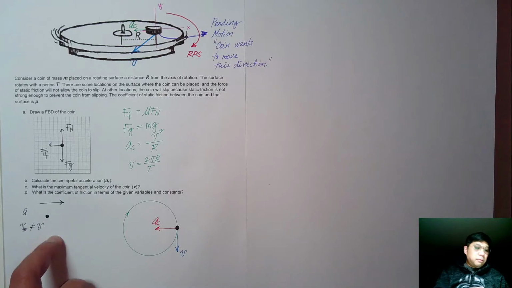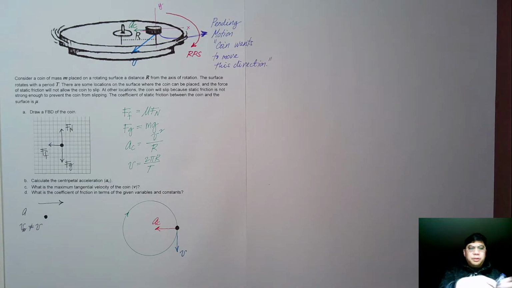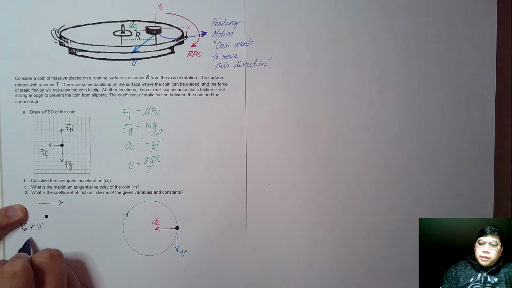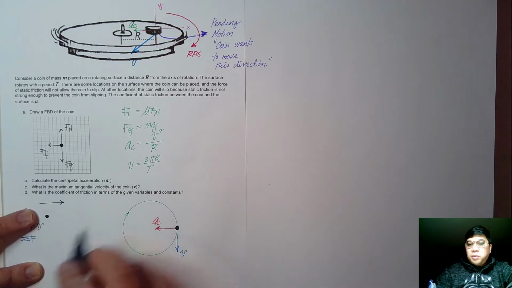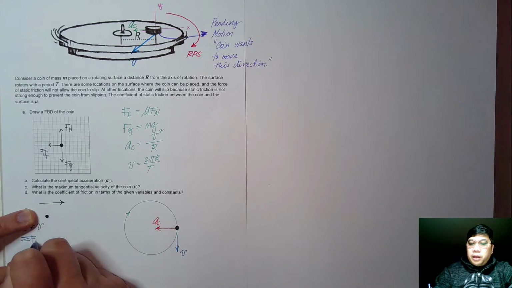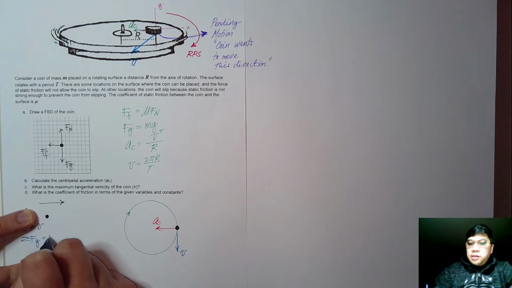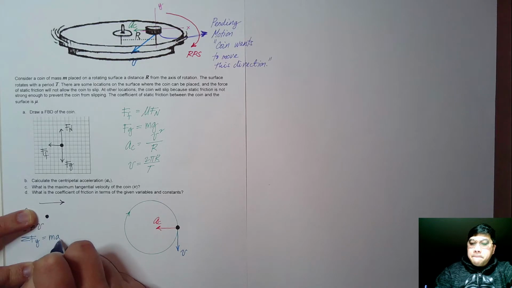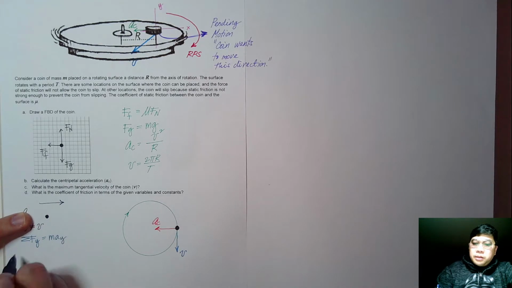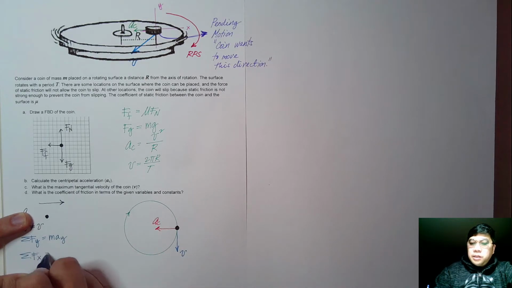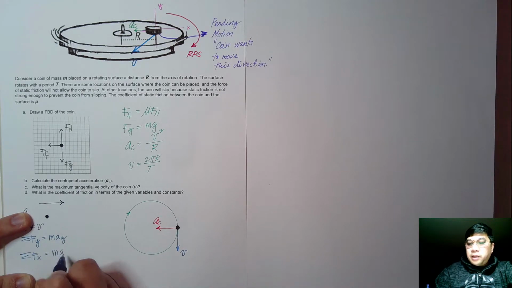So over here, if we use Newton's law of motion, we will apply the summation of forces along y is equivalent to mass times the acceleration along y, and the summation of forces along x is mass multiplied by the acceleration along x.